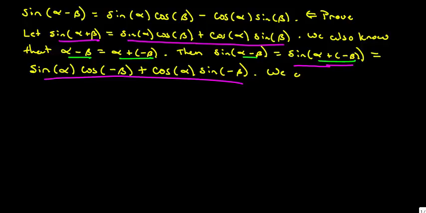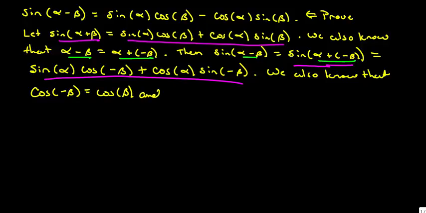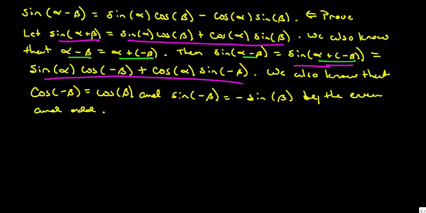So we also know that the cosine of negative beta is equal to cosine beta, and the sine of negative beta is equal to the negative sine of beta, by the even and odd properties of our trig functions, respectively.